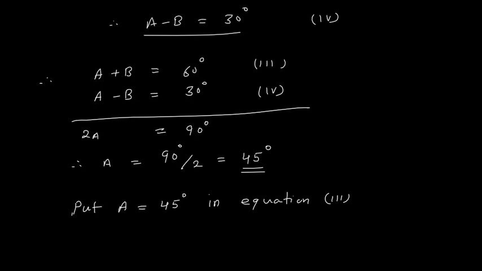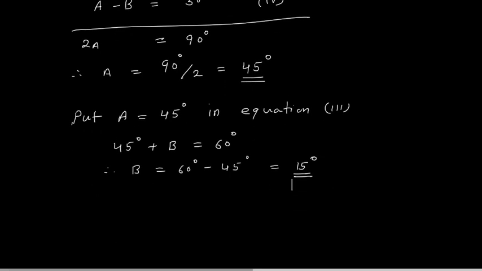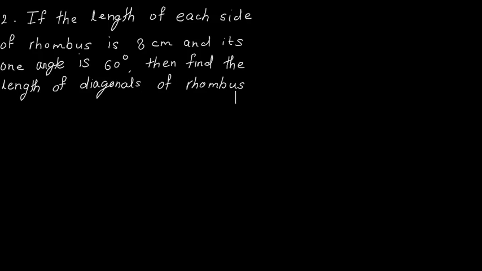So we have 45 degree plus b is equal to 60 degree. Therefore the value of b is 60 degree minus 45 degree is equal to 15 degree. Value of b is 15 degree. Okay, fine. Let us move to the next question.